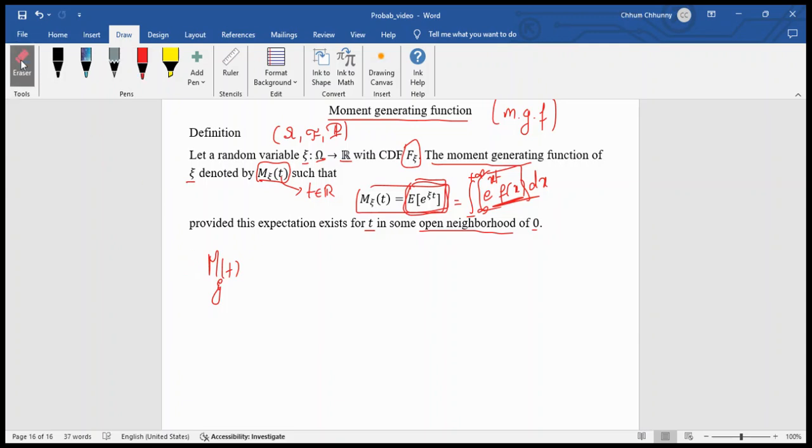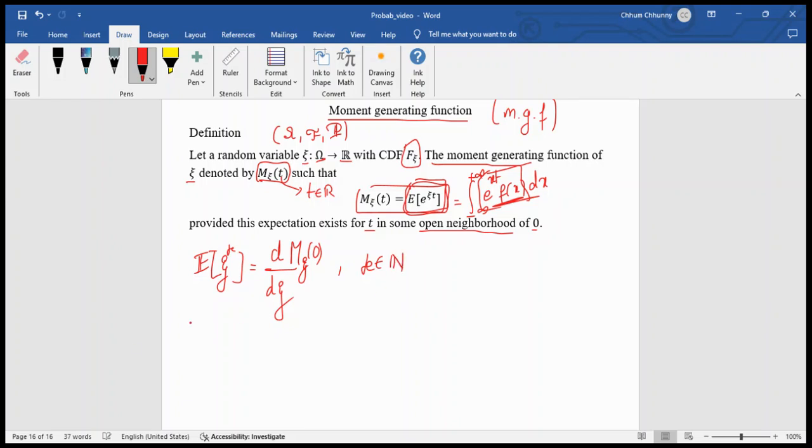To find the moment of a random variable ψ, for example E[ψ^k], it is equal to the k-th derivative of M_ψ(t) at the value t equal to 0. In that case, we can use it to find the moments of a random variable, where k belongs to the natural numbers.